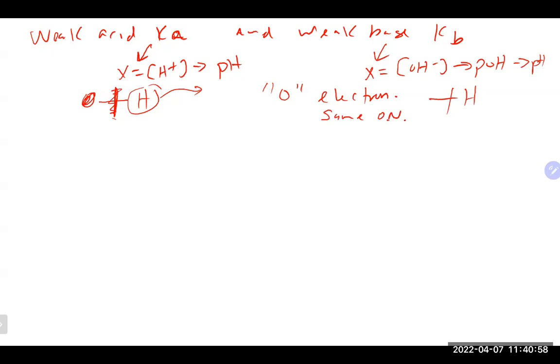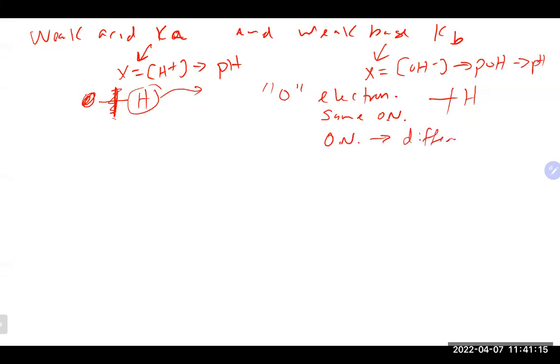When we have a central atom with different oxidation numbers, like we saw the same element in different acids but with different oxidation numbers, we look at the oxidation number.